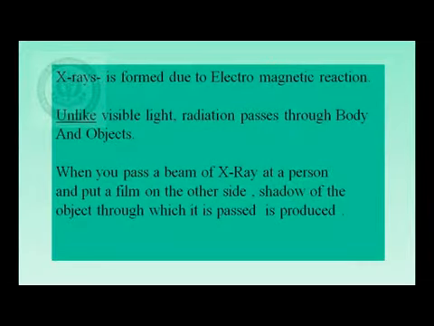First, before understanding the pathologies in the chest, you should know how the X-ray is generated and how these opacities are produced. Basically, X-ray is a form of electromagnetic radiation. Unlike light, the X-ray does pass through the body, and the penetration of the X-ray depends upon the density of the objects through which it passes.